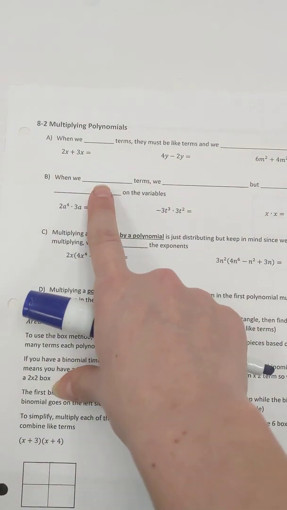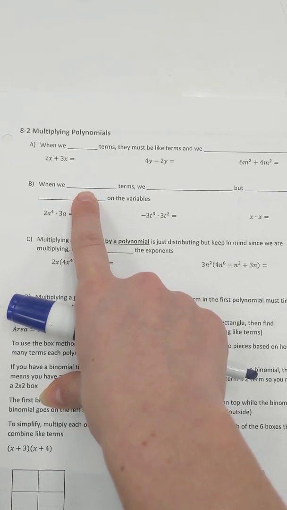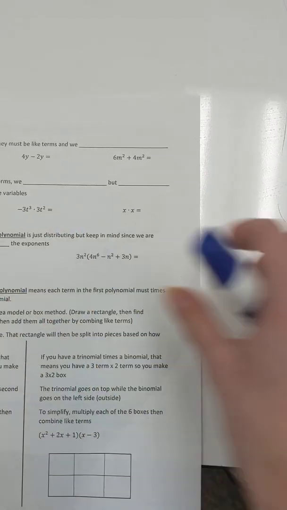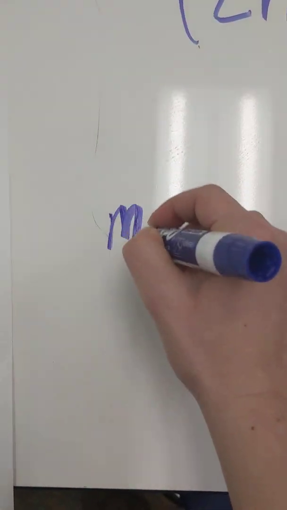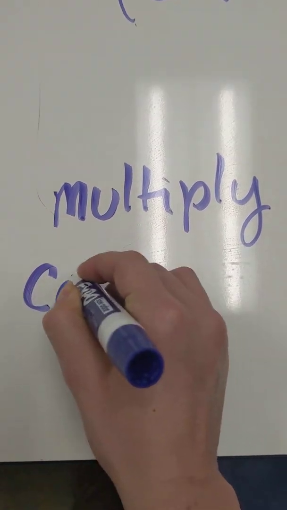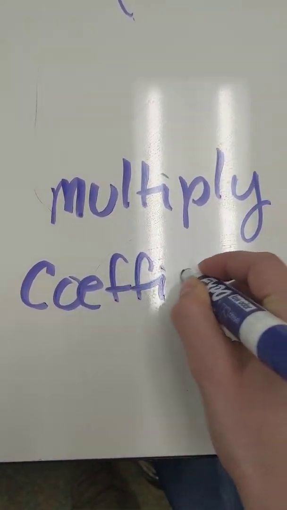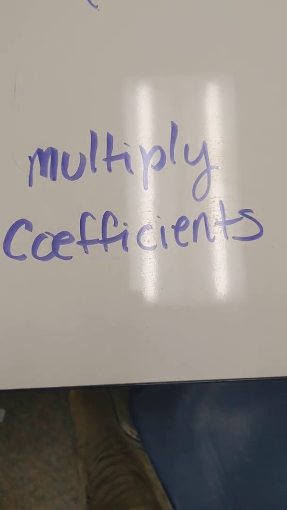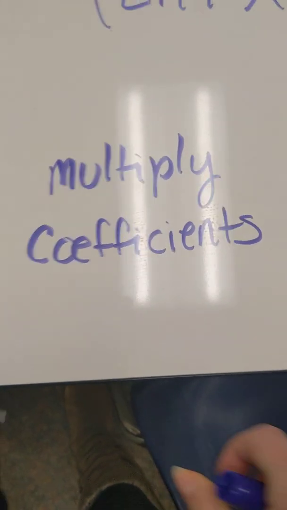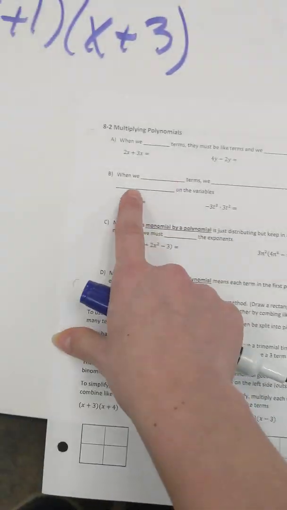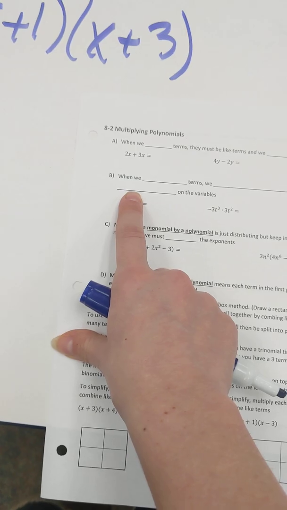All right, the next one, when we multiply terms, we multiply coefficients, which I'll write on the table. So in that second blank, we multiply coefficients, but you add exponents on the variables.